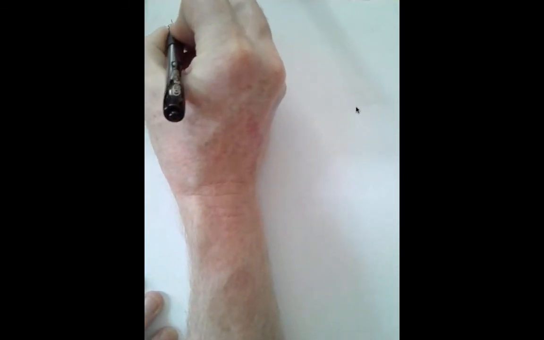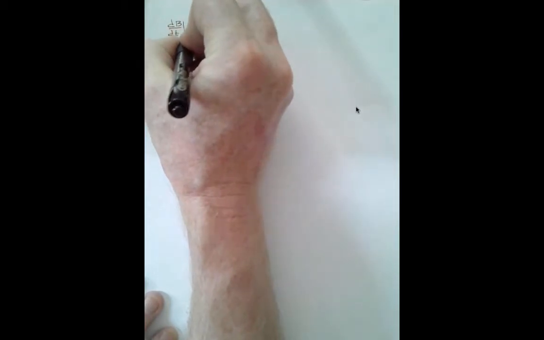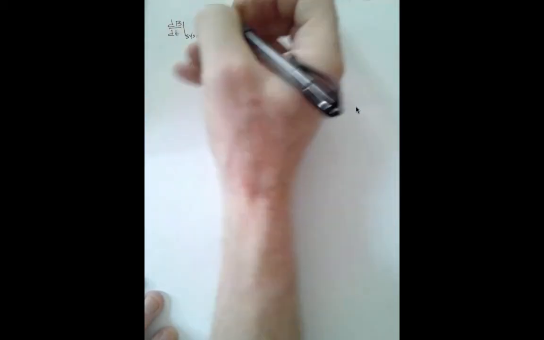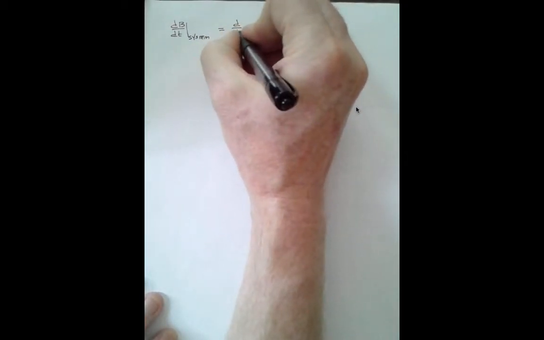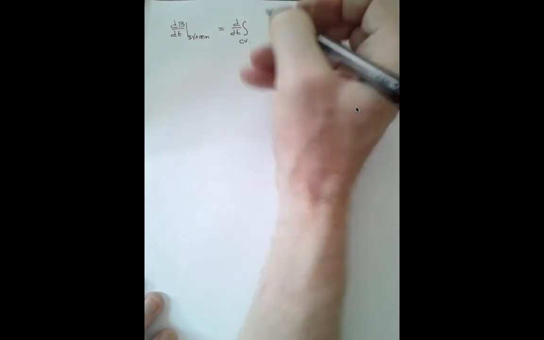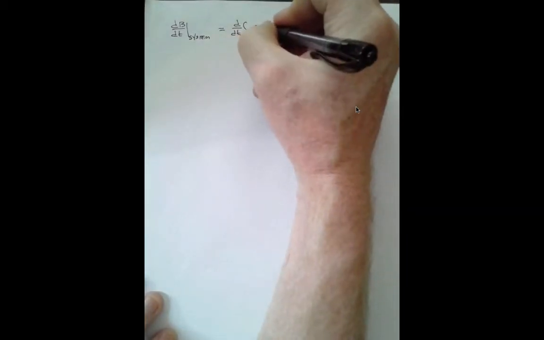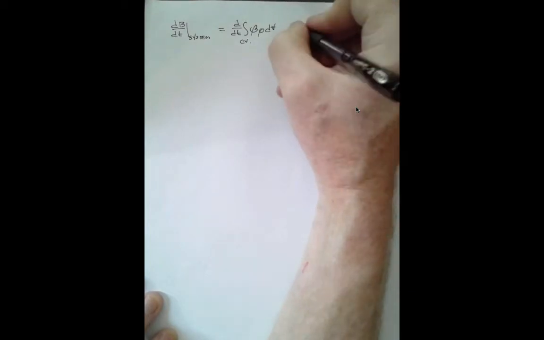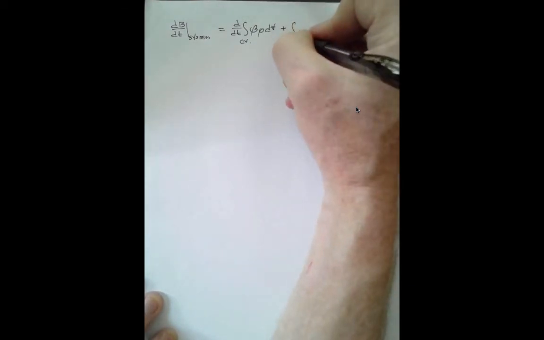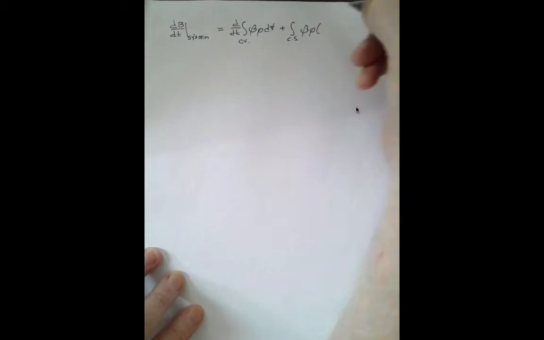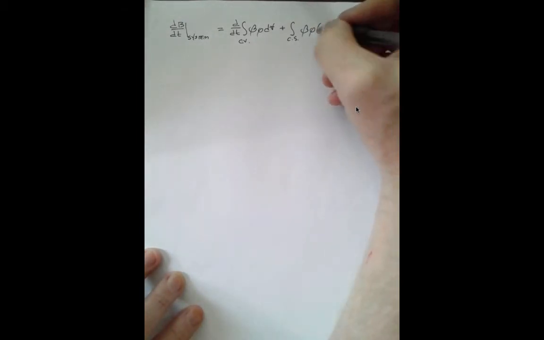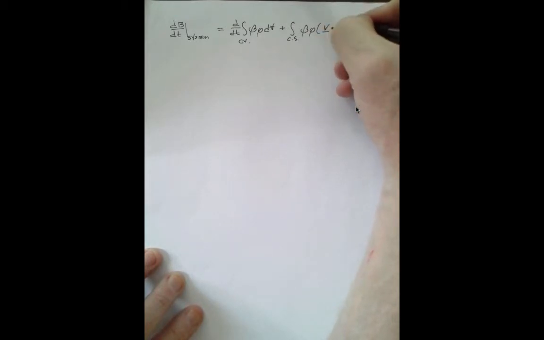So dB dt of the system is equal to the volume integral, d by dt, integral over the control volume of beta rho d volume, plus the integral over the control surface. So this was zones 1 and 3 in our previous diagram of beta rho, and we've just demonstrated to ourselves that the zones 1 and 3 can be entirely collected into the term of V dot dA.